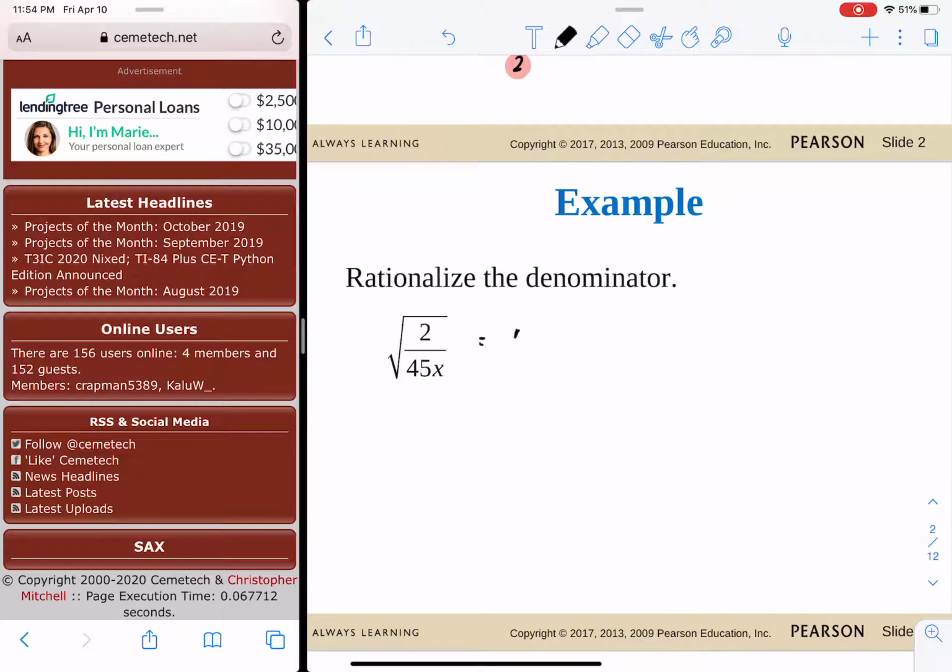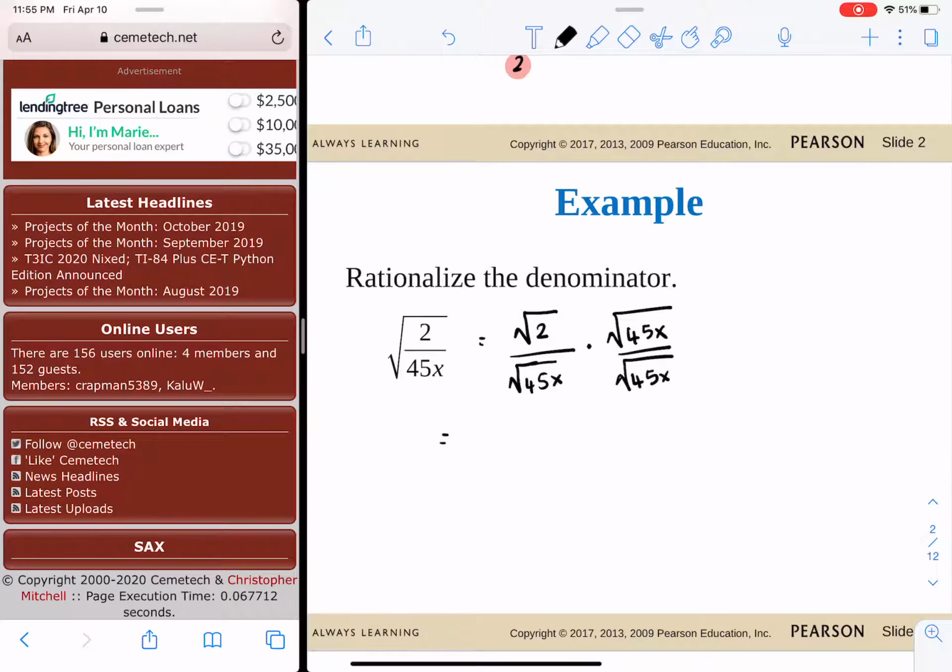We have square root of 2 over square root of 45x. And we'd like to get rid of the root in the denominator. So we multiply and divide by the square root of 45x.